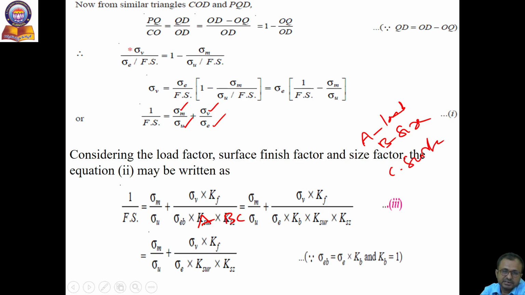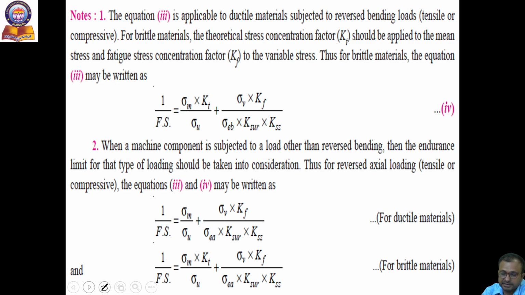Like this, we consider the various modifying factors for our design. Here it is clearly mentioned that for static stresses we use the theoretical stress concentration. For variable loads we apply the fatigue stress concentration, and we apply the modifying factors for that.